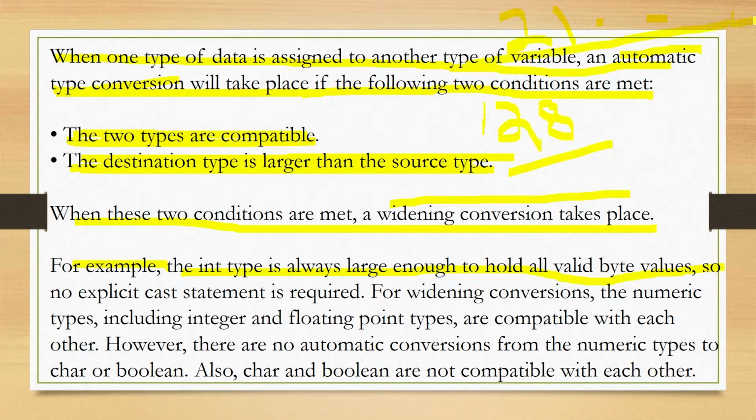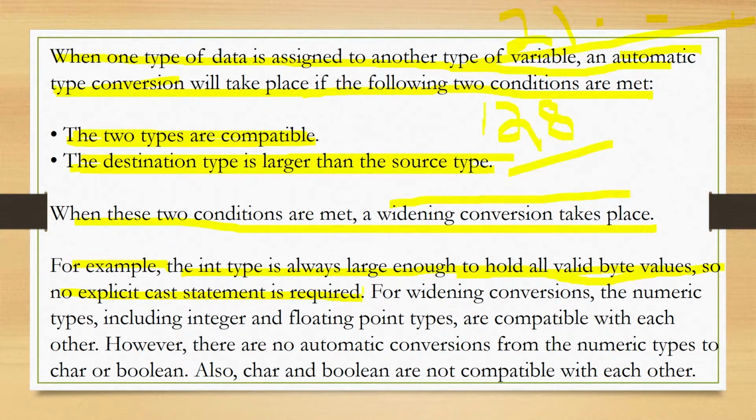It is a quite big number. So the 8 bits of byte can fit inside the 32 bits of int. So here int is always large enough to hold byte values, so no explicit cast statement is required.